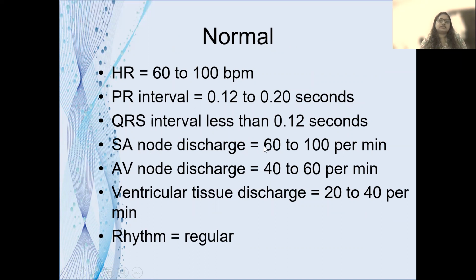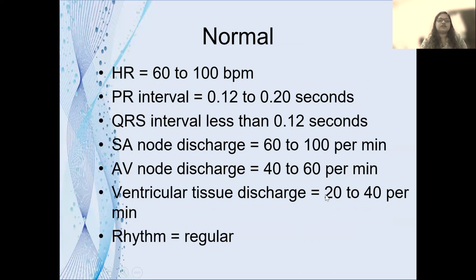When the SA node is working, when the pacemaker of the heart is active, you get a heart rate of 60 to 100 beats per minute. If the impulses come from the AV node, the atrioventricular node, then you get a heart rate of 40 to 60 beats per minute, which is lower than the SA node discharge.